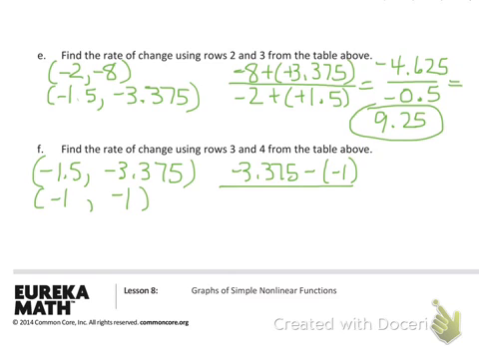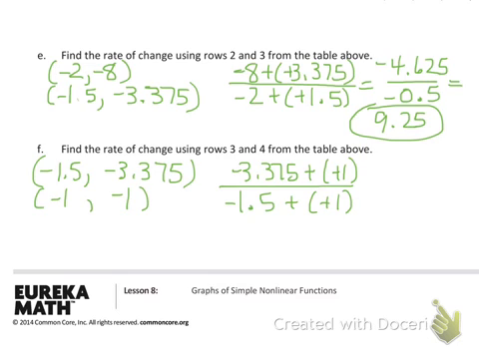And that is over the difference in the x coordinates starting with the first point. Negative 1.5 minus a negative 1. So once again, we're adding 1 in both of these cases.